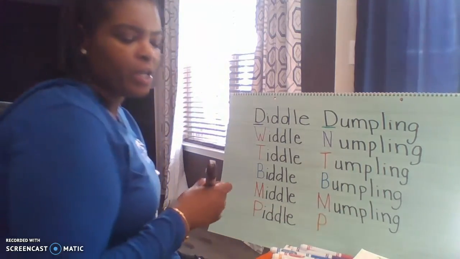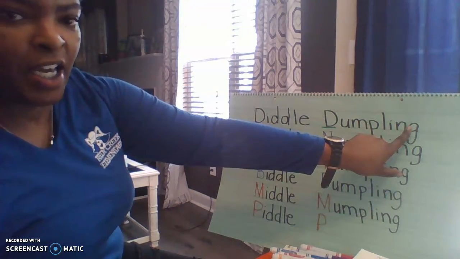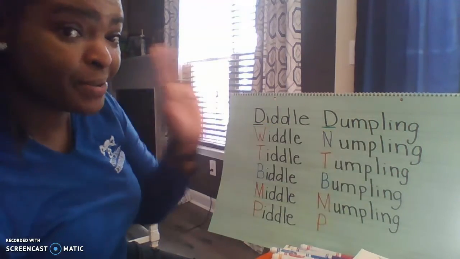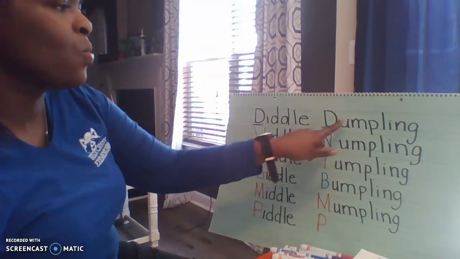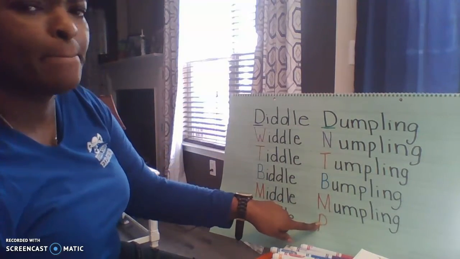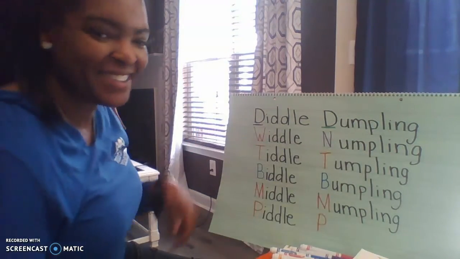All right, our last letter. And we're going to add the ending sound. What is it? Umpling. So what's this when we add the P sound? Pumpling.